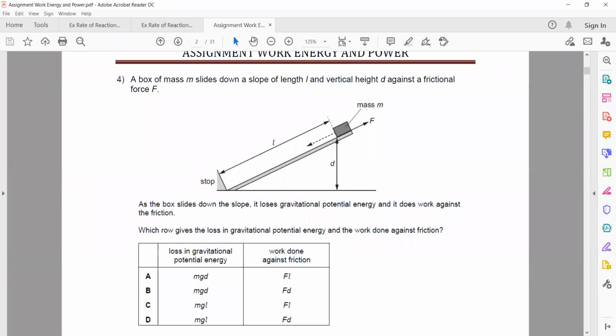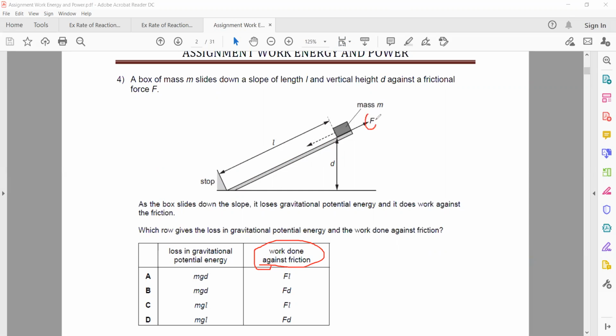Because what you did, the friction is not acting vertically, friction is acting on the plane, on this surface. So when we calculate, the question is the work done against the friction. Work done against the friction or by the frictional force will be the same.